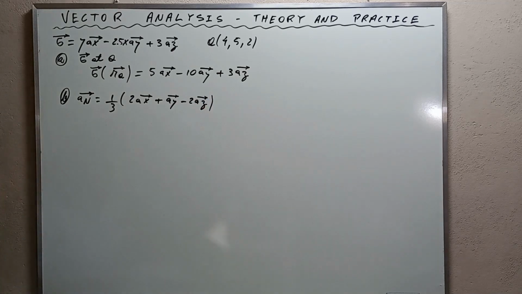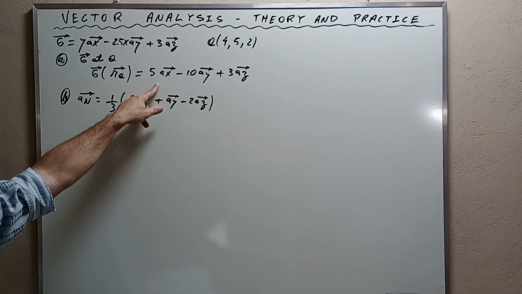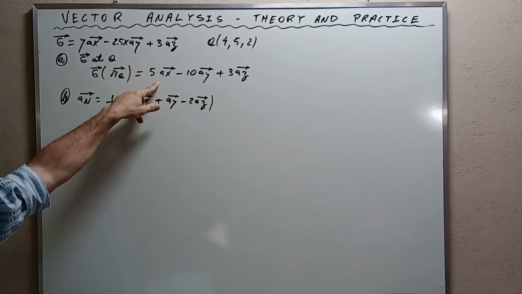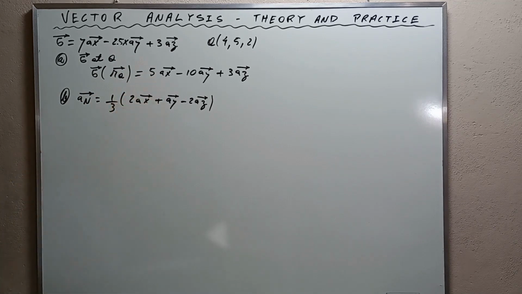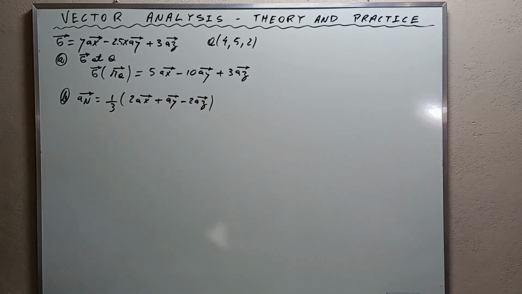We want to compute the scalar component of G at Q. We're not working with this anymore. We're working with G at Q now. We want the scalar component of G at Q in the direction of this unit vector.